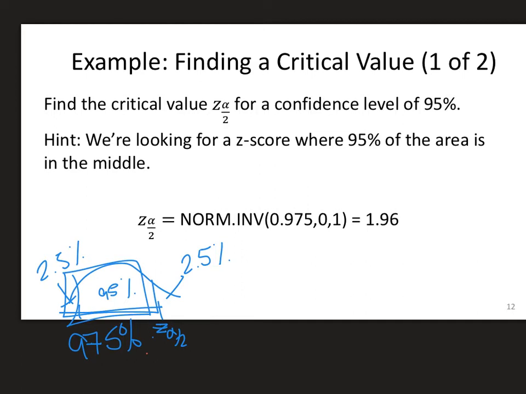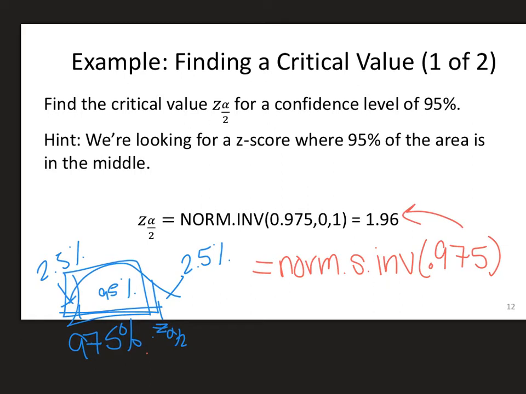Remember, you can use norm.inverse and then 0.975 and then your mean and your standard deviation. Because we're working with standard normal, you could also use norm.s.inverse, and then you would just be putting 0.975, and you're still going to get that approximately 1.96 value.